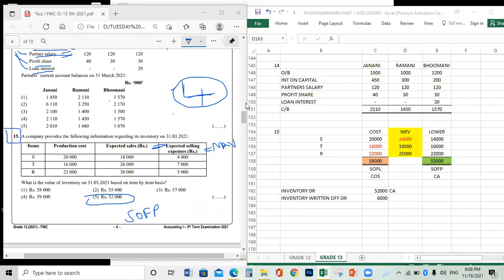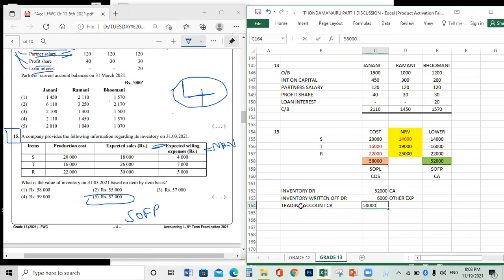Which expense do you record inventory written off under? Other expense. Okay, so you will record this under other expense. And then, guys, the cost will go to your trading account under cost of sales. In your trading account, you will credit the cost 58,000.